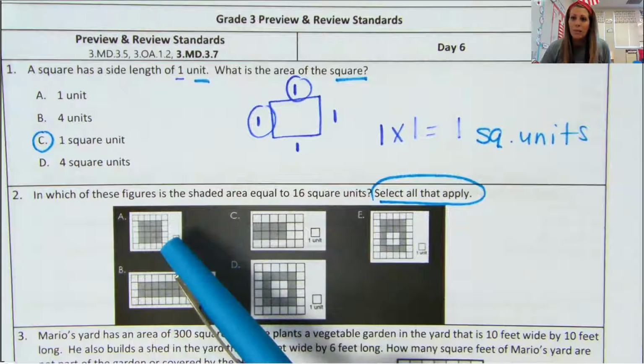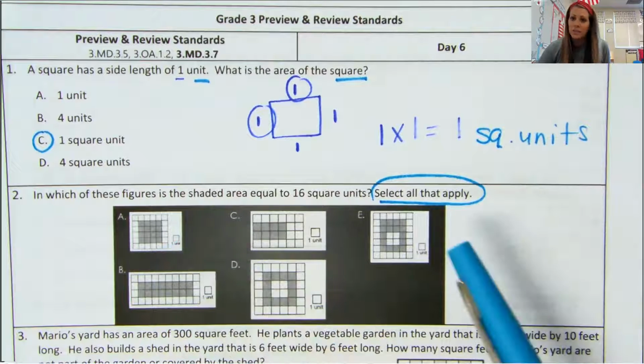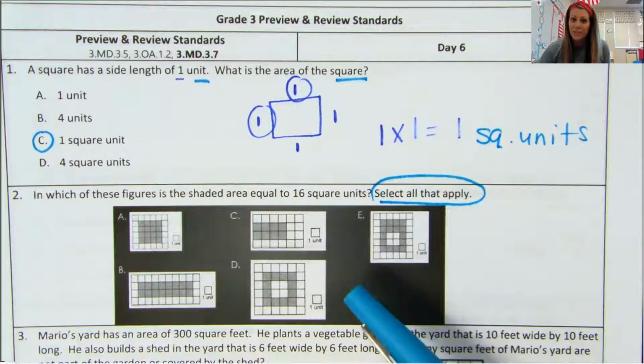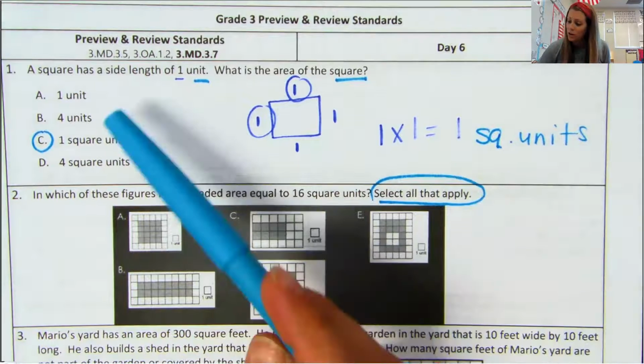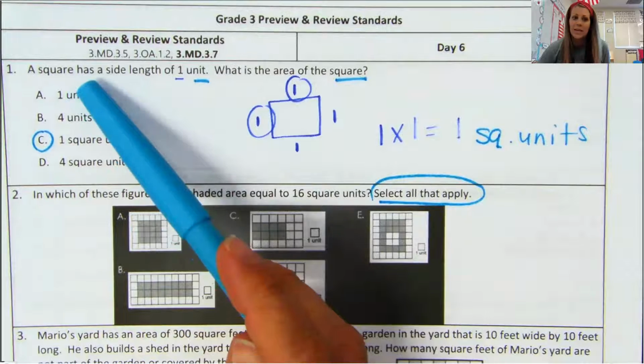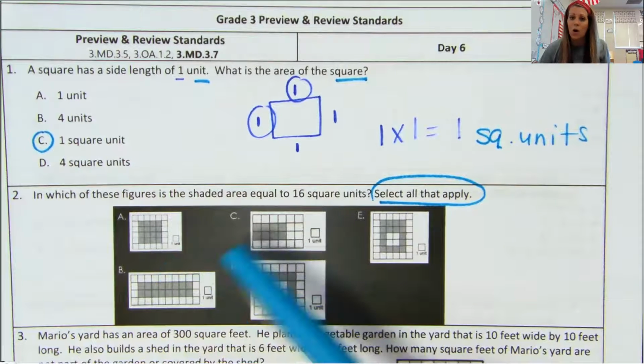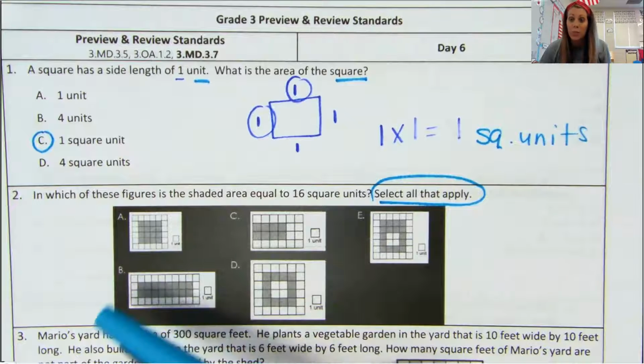If you look at a problem that says select all that apply, you're going to notice it's going to have more answer choices. If you look here, there's only A, B, C, and D because there was one answer. But when there's select all that apply, there's going to be more answers. So that in your brain should register, oh, I've got to pick more than one, okay?